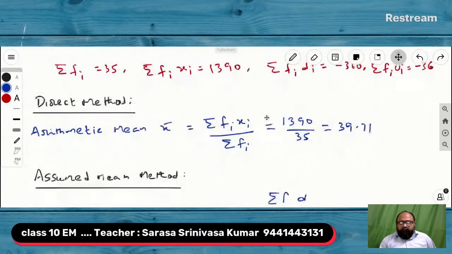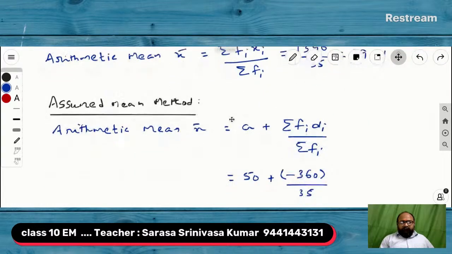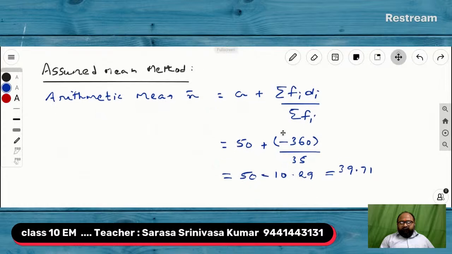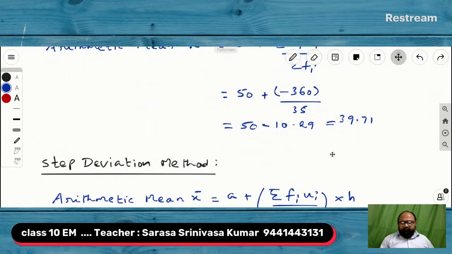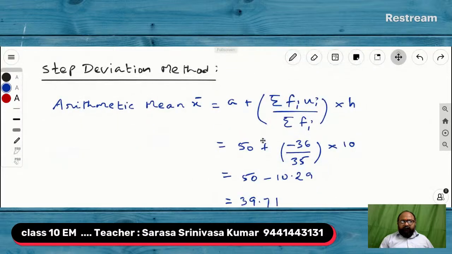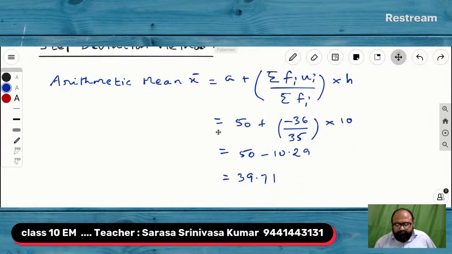Now we calculated the arithmetic mean by the direct method, that is 39.71, and by the assumed mean method. In this method also the arithmetic mean is 39.71. Next, we calculated by the step deviation method. By the step deviation method, the arithmetic mean is 39.71.